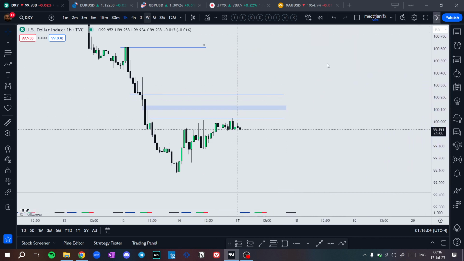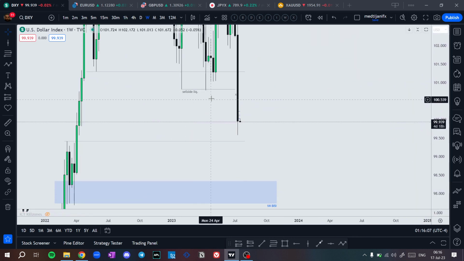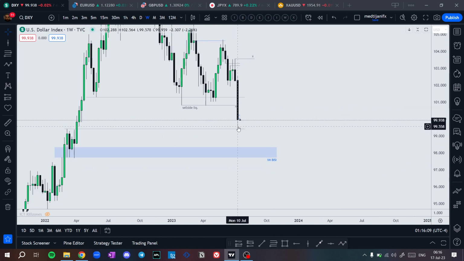It's not just saying, okay, we are here, price has taken these lows. If we have a 15 minute break of market structure here, after filling this small weekly fair value gap right here, after filling that, and we have a break of market structure, okay, let's start buying.